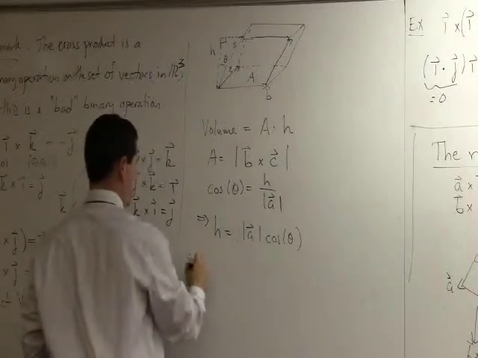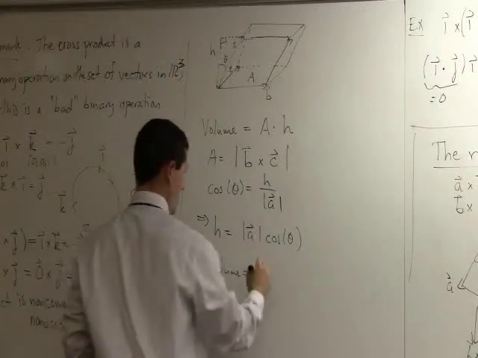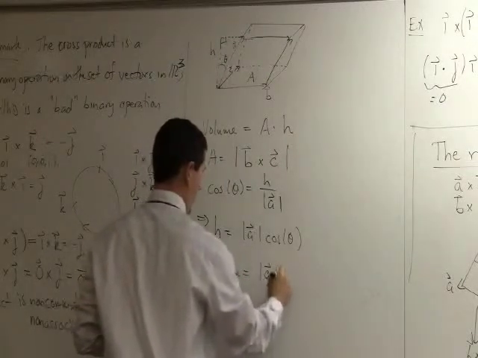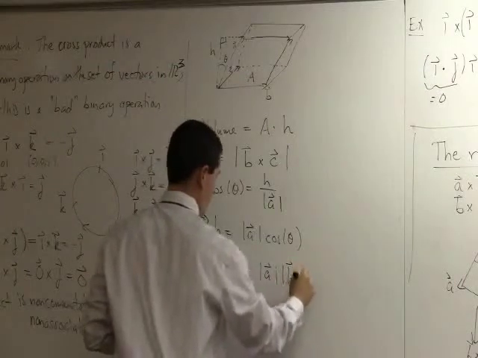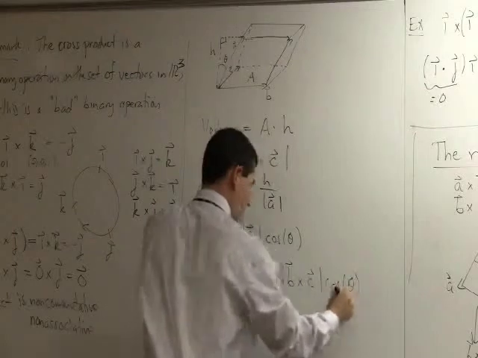And so the volume equals the norm of A times the norm of B cross C times cosine of theta.